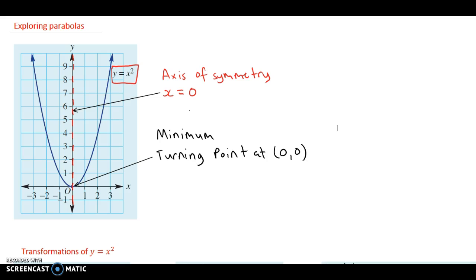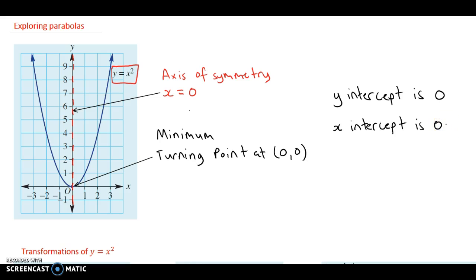The final key features of a parabola are the intercepts, so where it hits the x-axis and where it hits the y-axis. So for this parabola here, we've got a y-intercept of 0, so the parabola hits the y-axis at 0, and likewise it has an x-intercept of 0 as well.